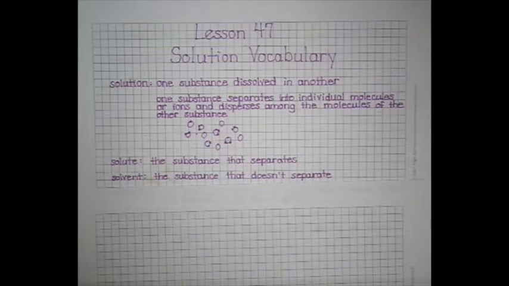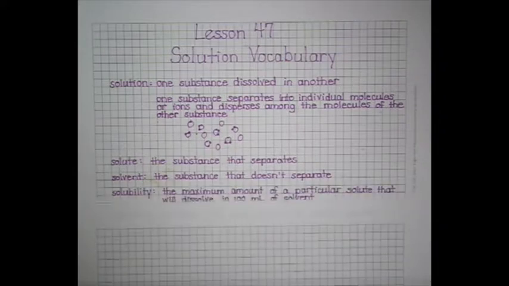We can dissolve gases in solids. We can dissolve solids in other solids. That's what an alloy like white gold is. It's one metal dissolved in another one, separated right down to the atomic level and spread out among the crystal of the other metal. So it doesn't have to be a solid solute in a liquid solvent, but it very, very often is.